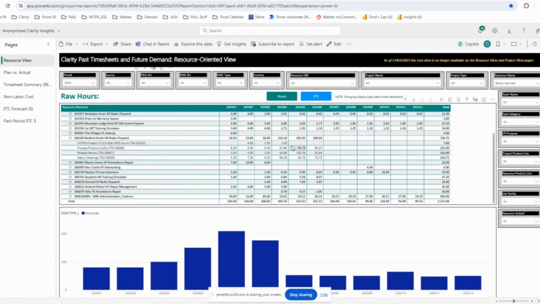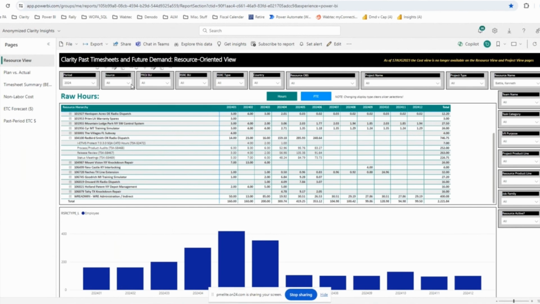So looking over here at May, he has 96 hours planned for process and product audits, 105 hours for release reviews, and 85 hours for status meetings. That's a lot of time spent in status meetings in a month. That's 21 hours a week. And if you look back in the past, these are his timesheets.